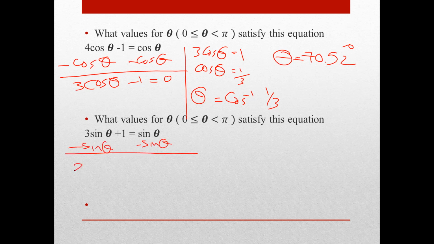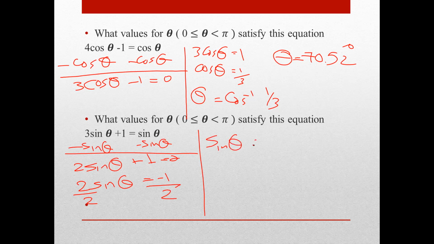So 2 sine theta plus 1 equals 0. Then 2 sine theta is negative 1, divided by 2. So sine theta is negative 1 over 2. So theta is sine inverse of negative 1 over 2.